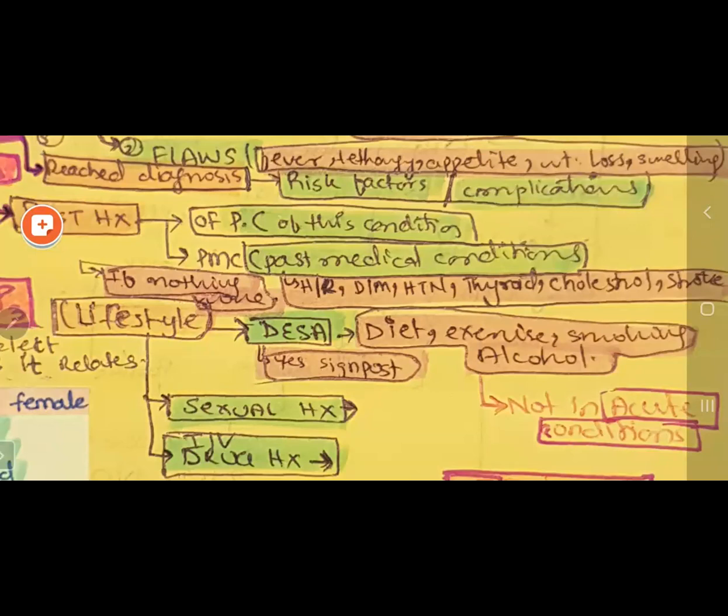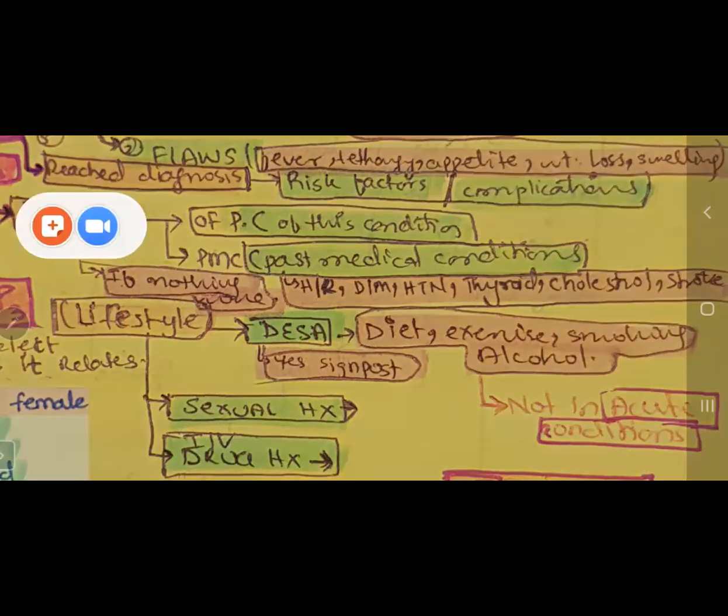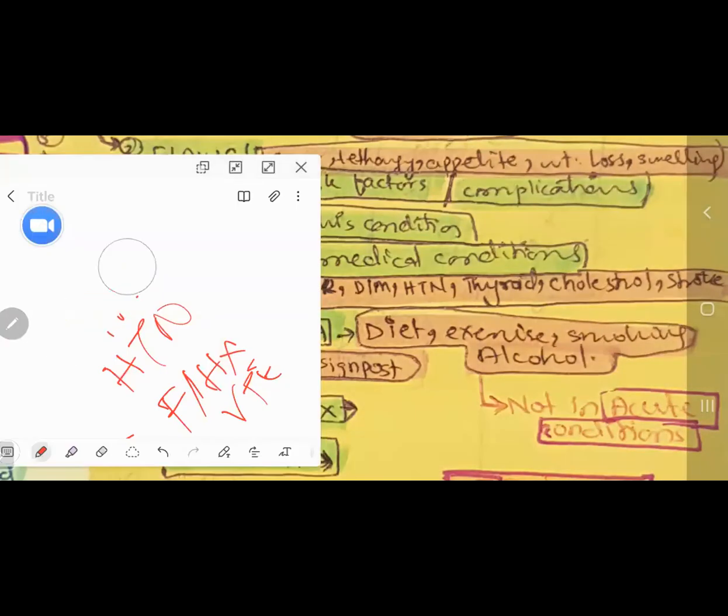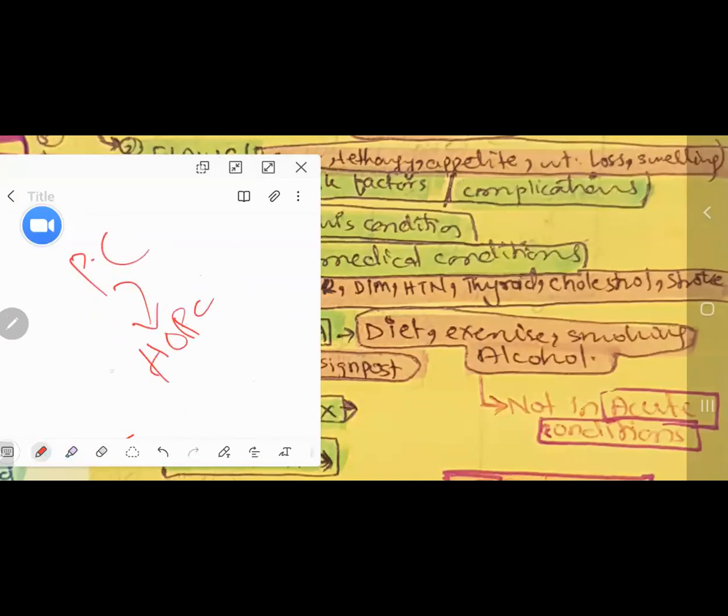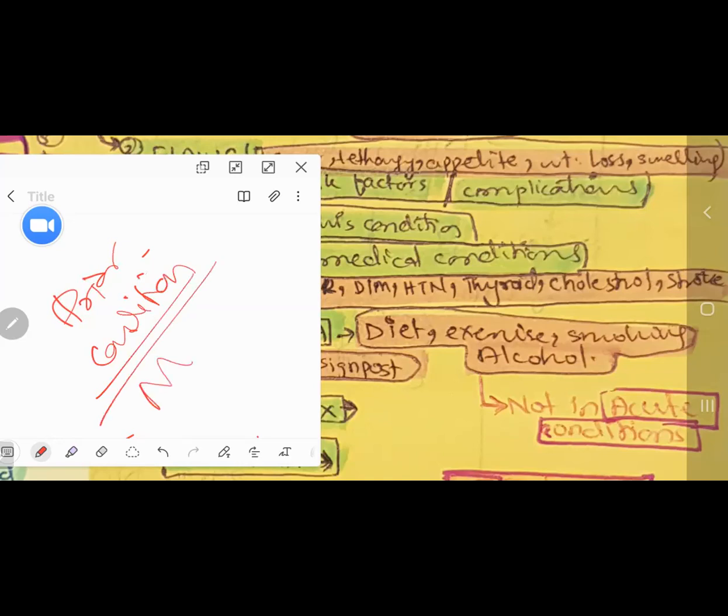Always start with an open question. Every time you move to a new section of history, for example, from the history of presenting complaint to the past medical history, start with an open question. Do you have any past medical history? Do you have any prior condition that you've been diagnosed with? Are you taking any medication for it? If they say no, move along.